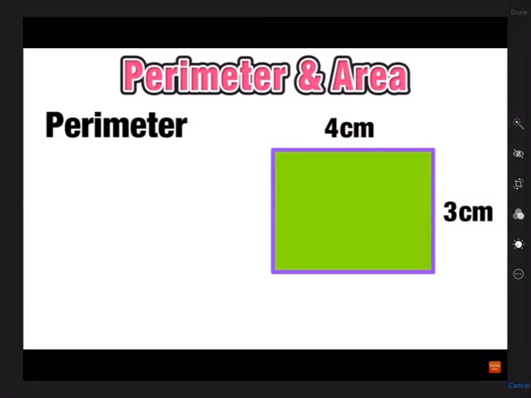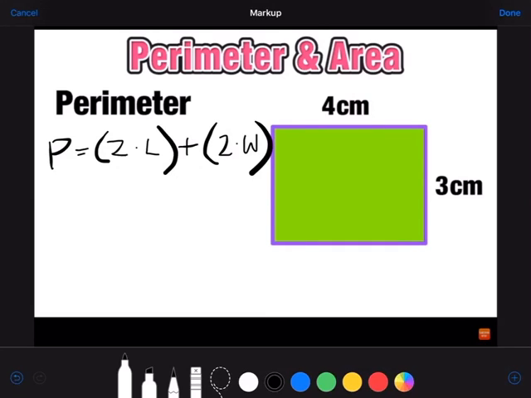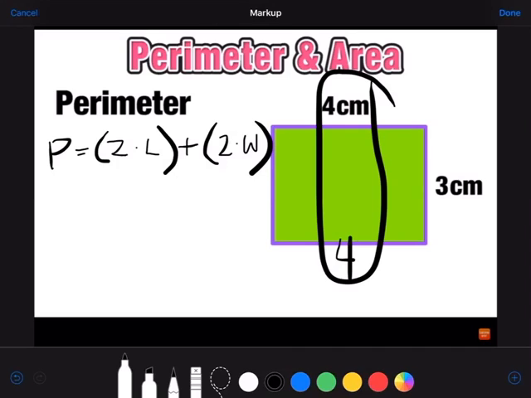Let's try one last way for perimeter, which would be the formula perimeter equals 2 times length plus 2 times width. Now, you may have noticed this already. You knew that there were two sides that had lengths of 4 centimeters, so you would say 2 times 4.